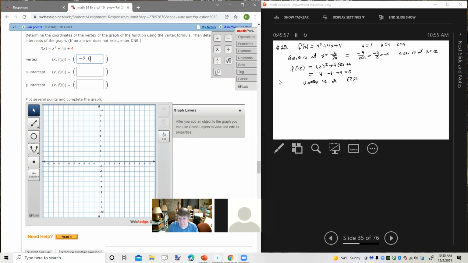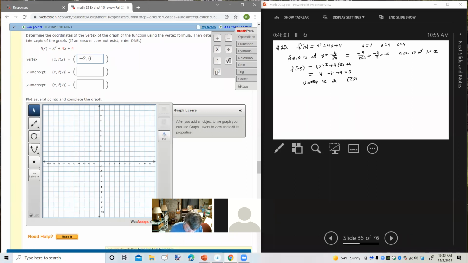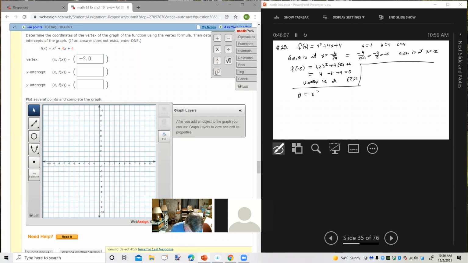Find x-intercept, set y equal to 0. If we set y equal to 0, we get the following: 0 equals x squared plus 4x plus 4. Now we're going to use the quadratic formula, and here's our a, b, and c. X equals negative b plus or minus the square root of b squared minus 4ac all over 2a.